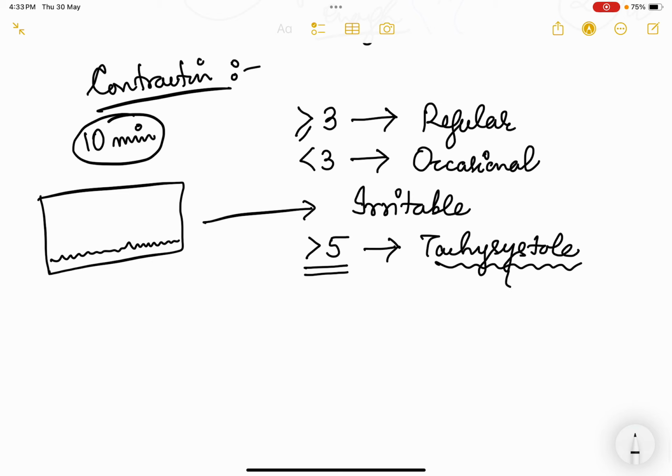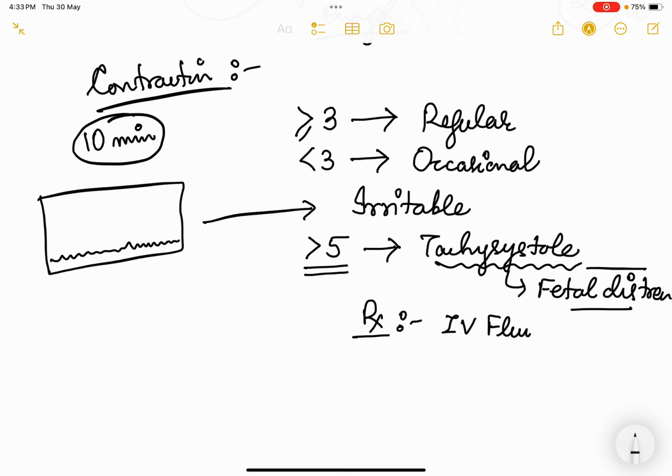So we generally do not want contractions more than 5 in 10 minutes, because tachysystole will lead to fetal distress. The more the number of uterine contractions, the more time the uterus will be in contraction mode, and then fetal blood circulation will be reduced. So the fetus will go into fetal distress. So what will you do if there is tachysystole? You have to give IV fluids to the patient, because tachysystole is a result of increased blood concentration of oxytocin.